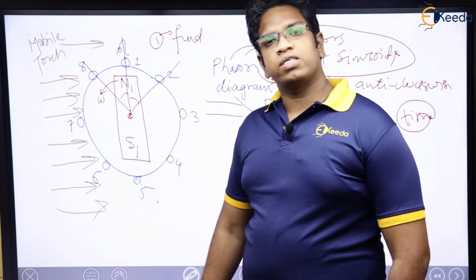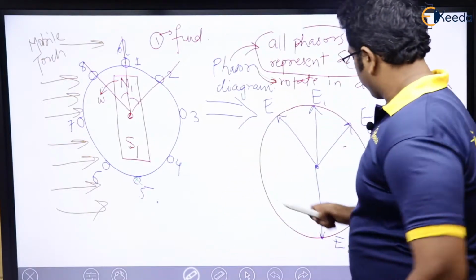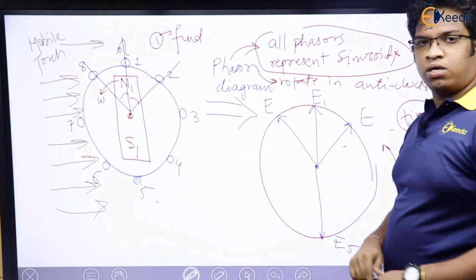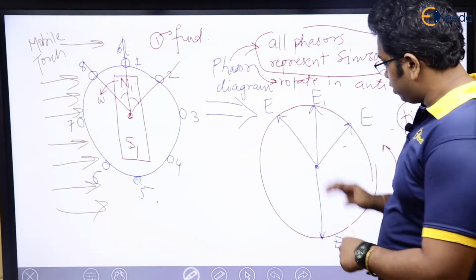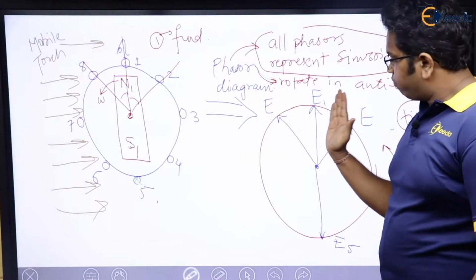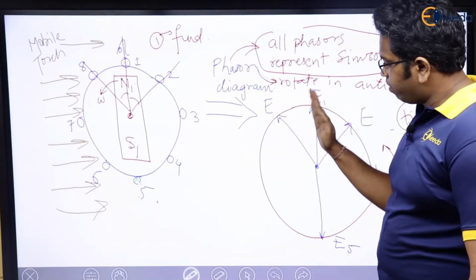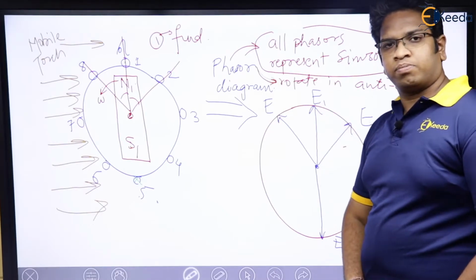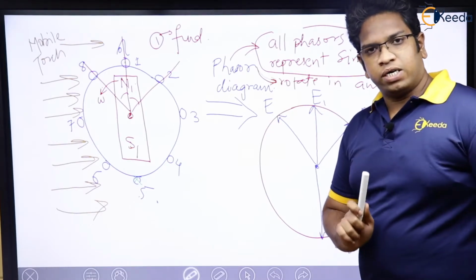E8 became maximum. After 45 degrees, after rotation, what is going to happen? When this particular phasor E1 gets rotated by 45 degrees, this phasor will come here and it will become maximum. I hope you are understanding the point.